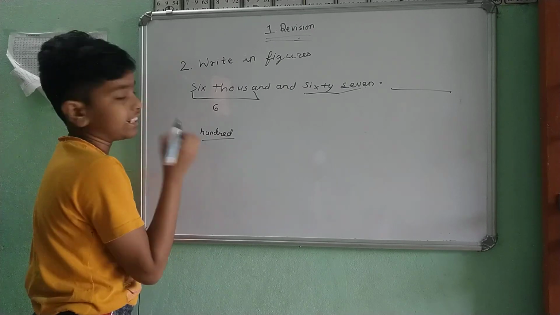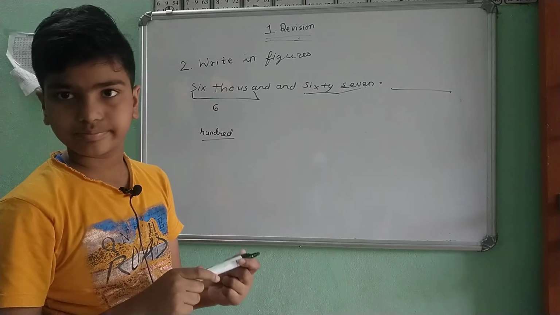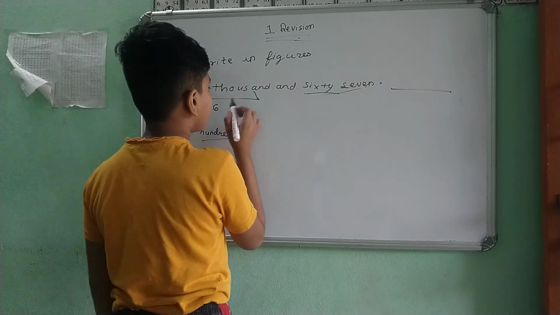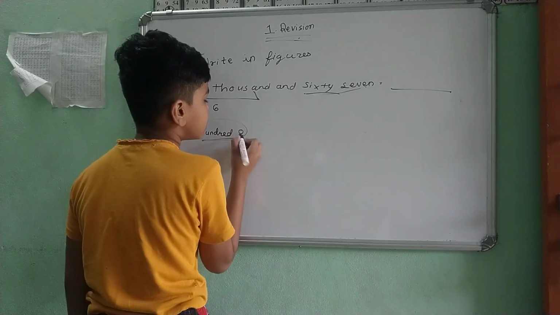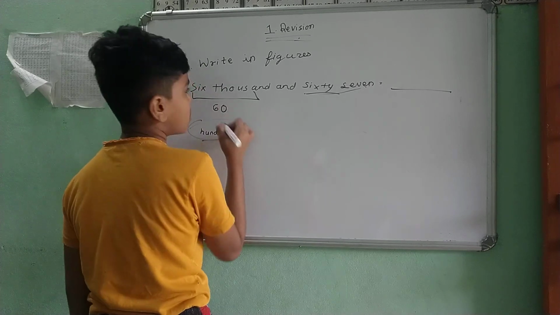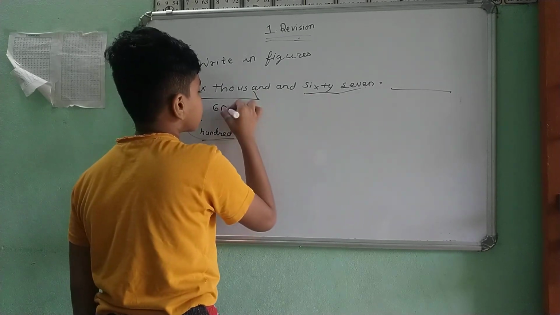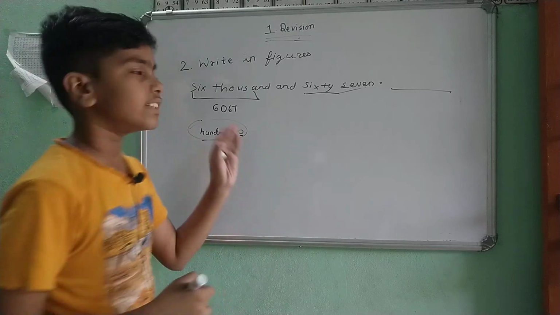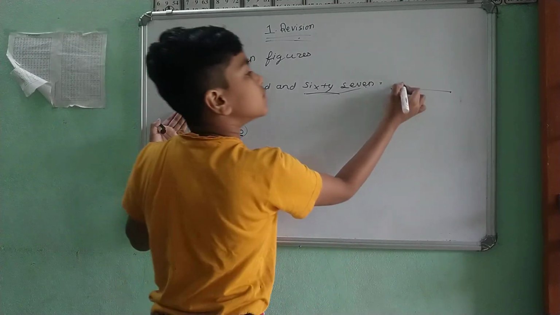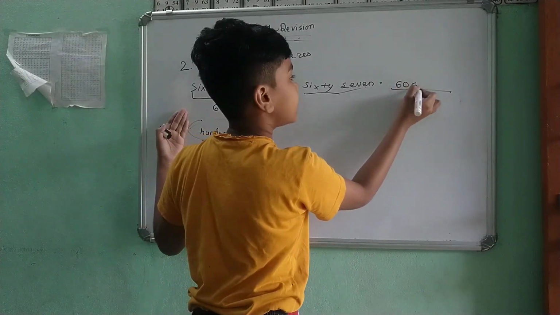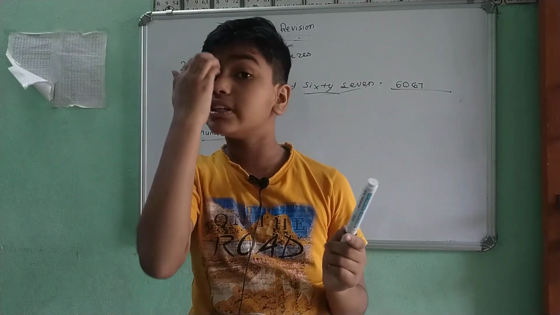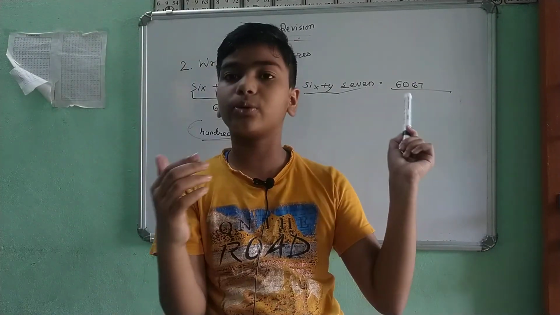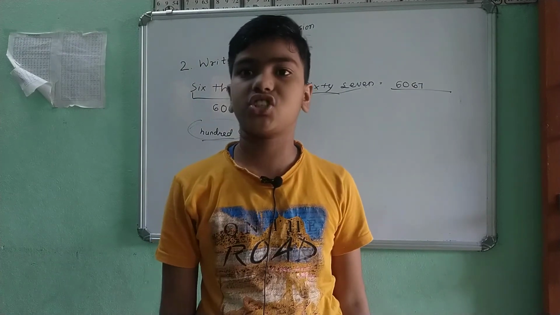So why are you writing 100? That will be just 67. There is nothing on the hundreds place, so we will just give a 0. And 67 is there, so 67. This is how we write 6067.